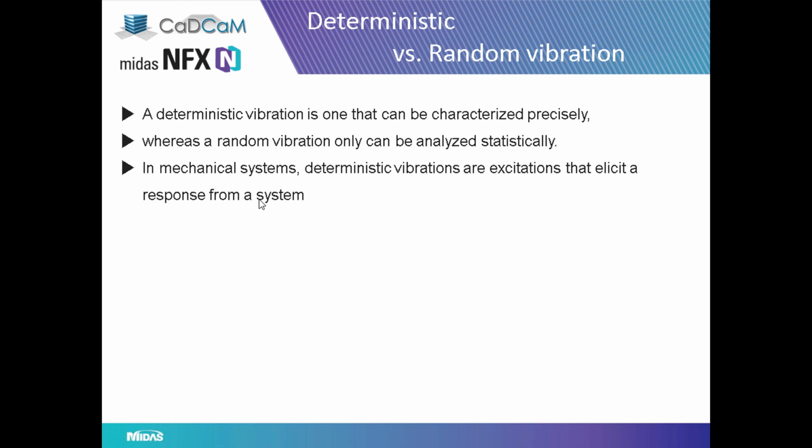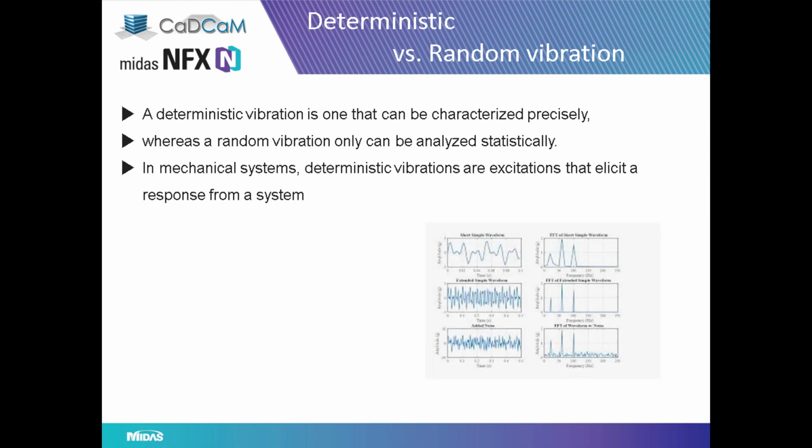Let's discuss deterministic vibration and random vibration. Deterministic vibration is one that can be characterized precisely, whereas random vibration is statistically analyzed. In mechanical systems, deterministic vibrations are excitations that excite a response from the system. Let's concentrate on the bottom right of this slide.